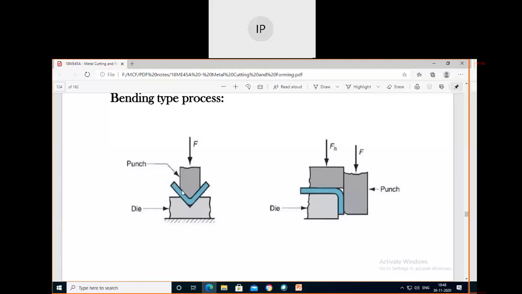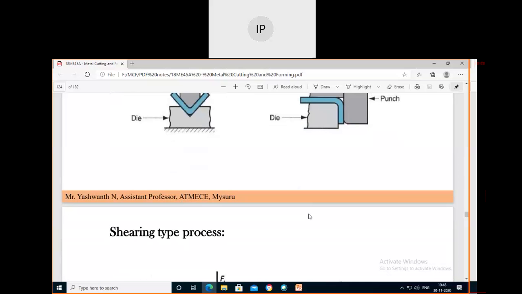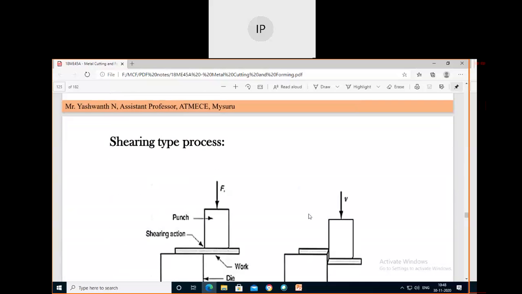Here is the punch and die structure. In between the punch and die, you place the workpiece, then apply the force directly. Similarly here, the punch is required to bend the workpiece material. Next we have the shearing type process.